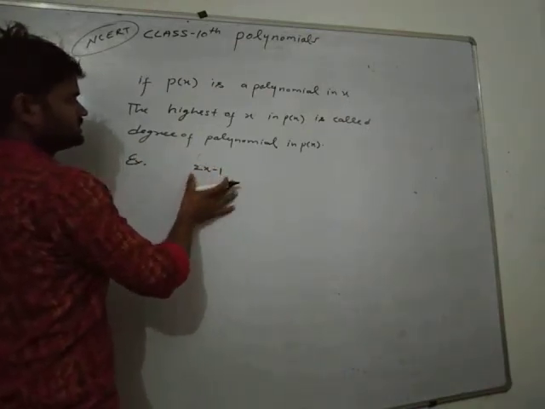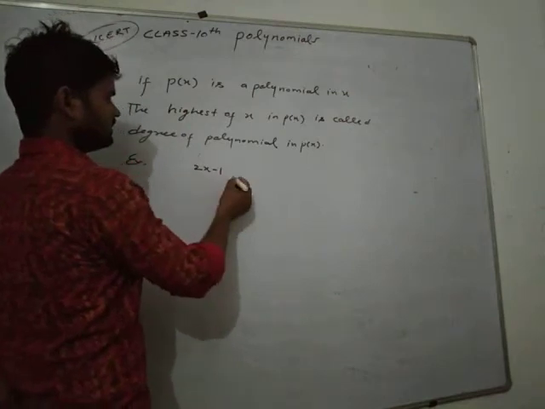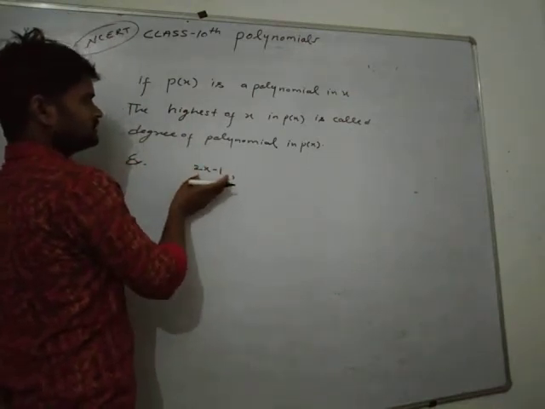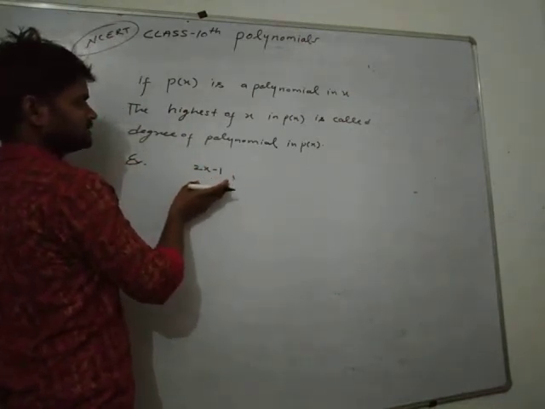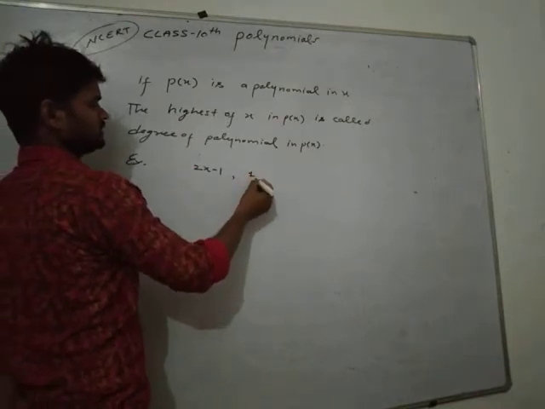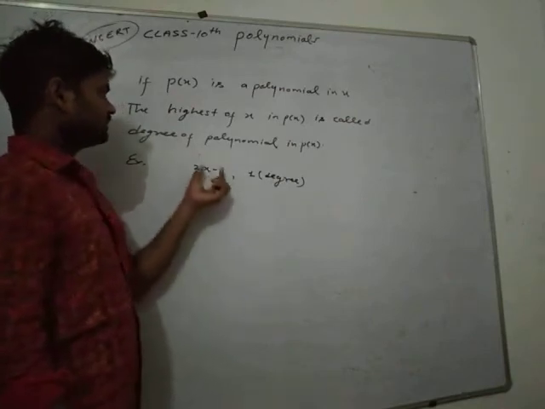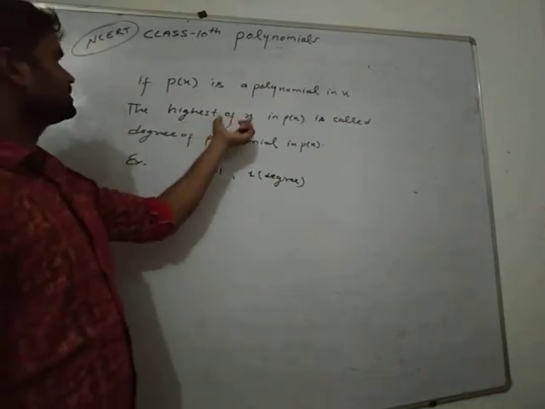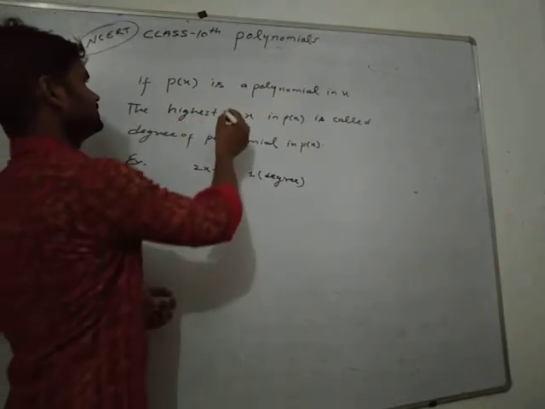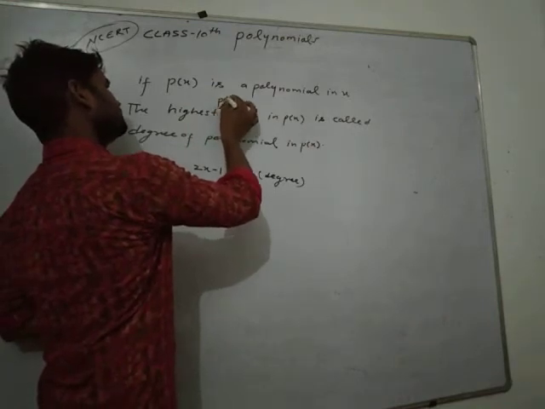2x minus 1, this is a polynomial, and the power of polynomial 2x minus 1 is 1. This is the degree.